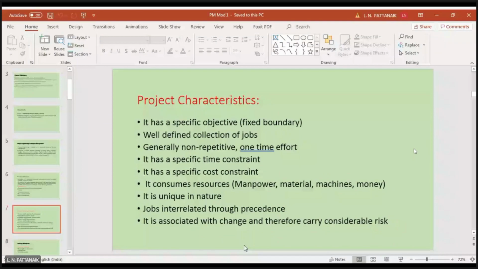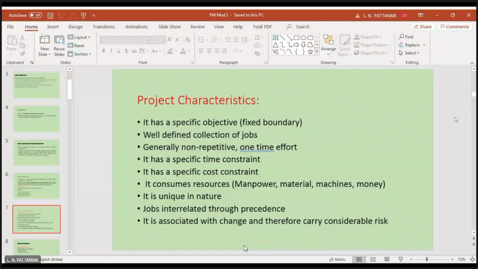You know, there are various resources, like the 4Ms: manpower, material, machines, money. Typically all projects must consume these resources. It may vary depending on the nature of the project. Some projects may consume more manpower; they are called labor intensive projects.